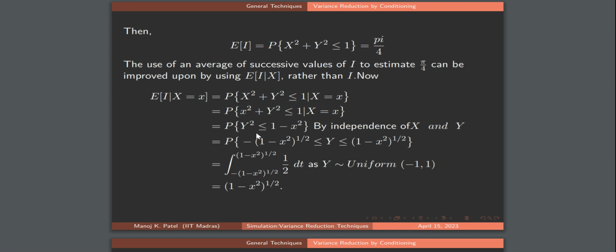So here y will be in between these limits, and y is a uniform random variable on (-1, 1).